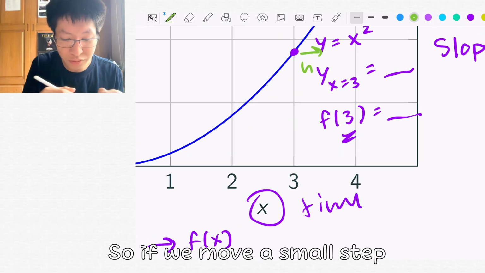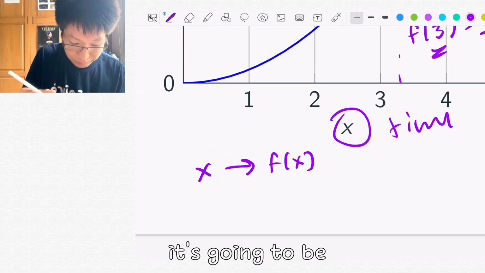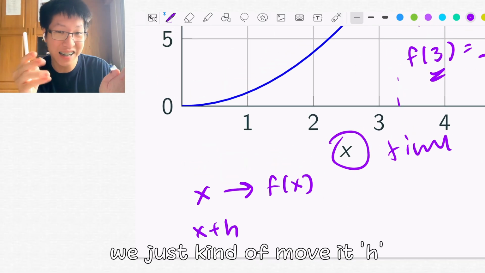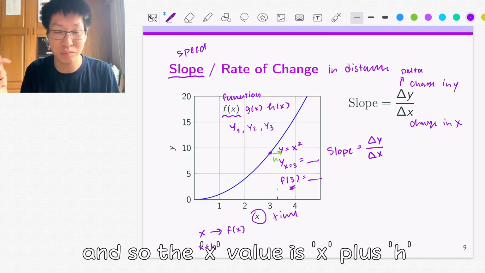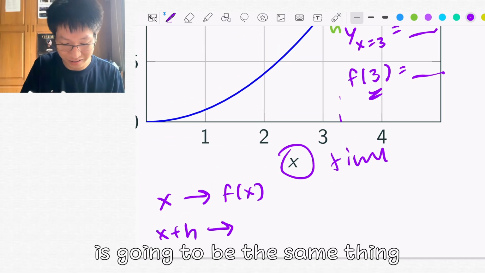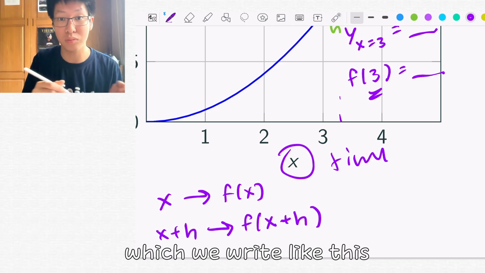So if we move a small step h, the x value here is going to be x plus h. We just move it by h. And then the function here is going to be f evaluated at x plus h, which we write like this.